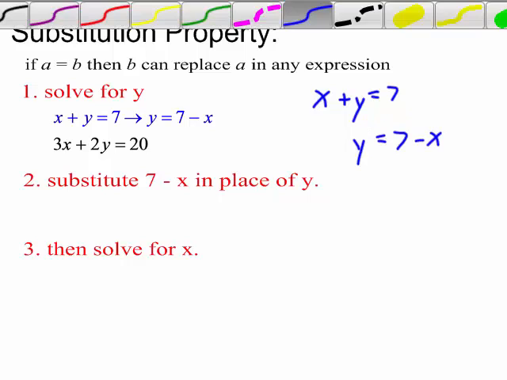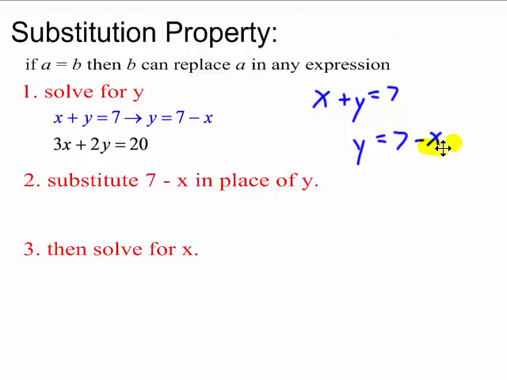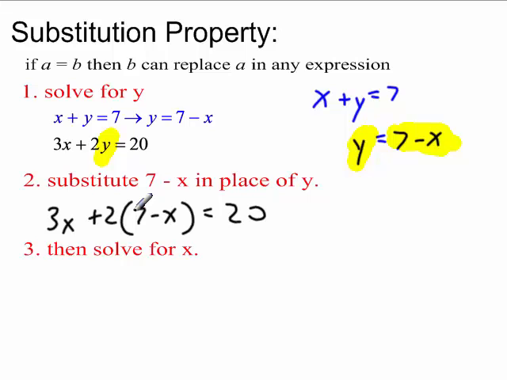This value here, the y, you can substitute for y in the other equation. So then you're going to get 3x plus 2 times all of y, which is really 7 minus x, is equal to 20. And then you can solve that for x.